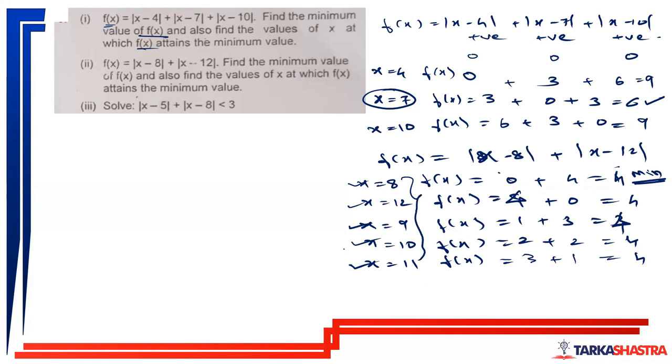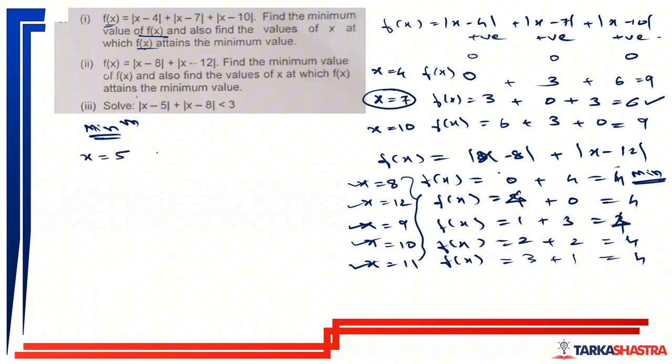Next thing which we have to understand here is mod of x minus 5 plus mod of x minus 8 should be less than 3. Now, how do we do that? Say, if we try to find out the minimum value of this, what will be the minimum value?